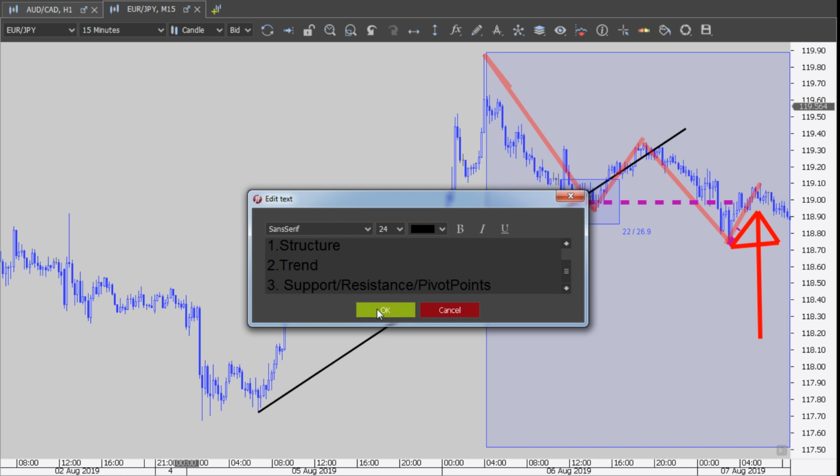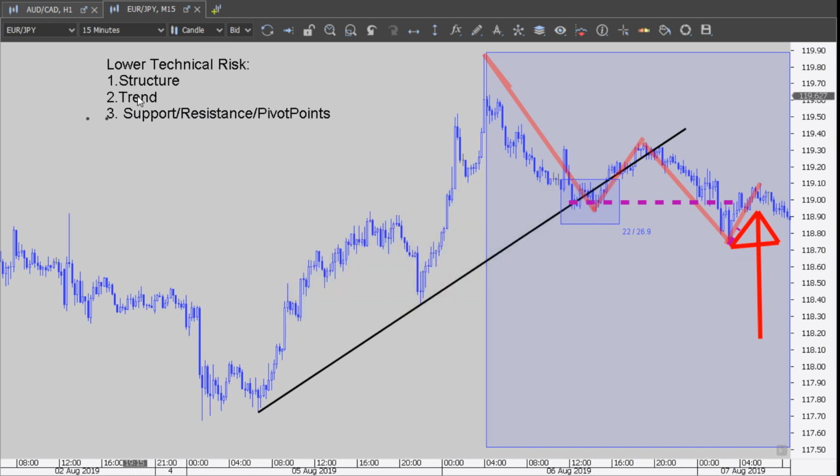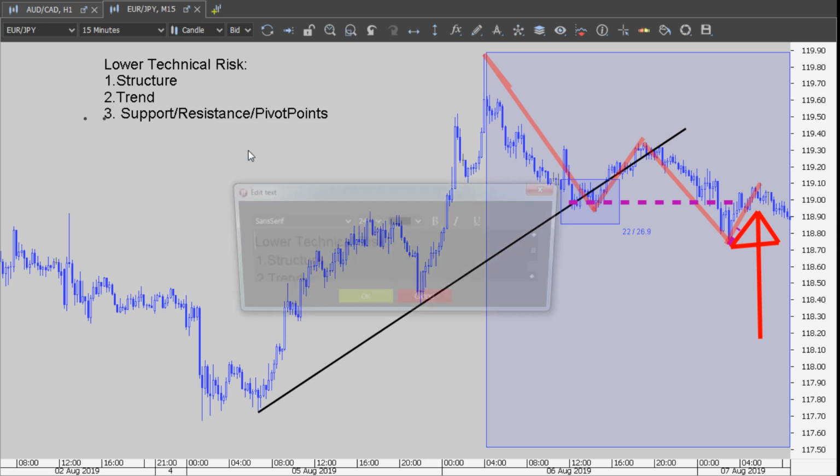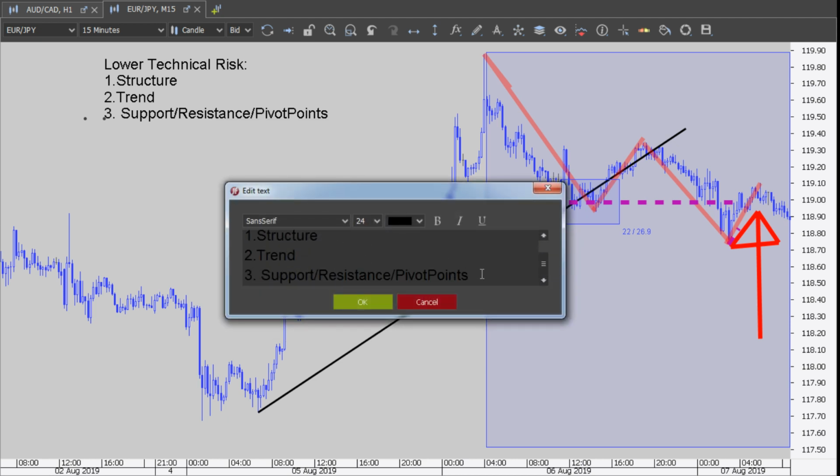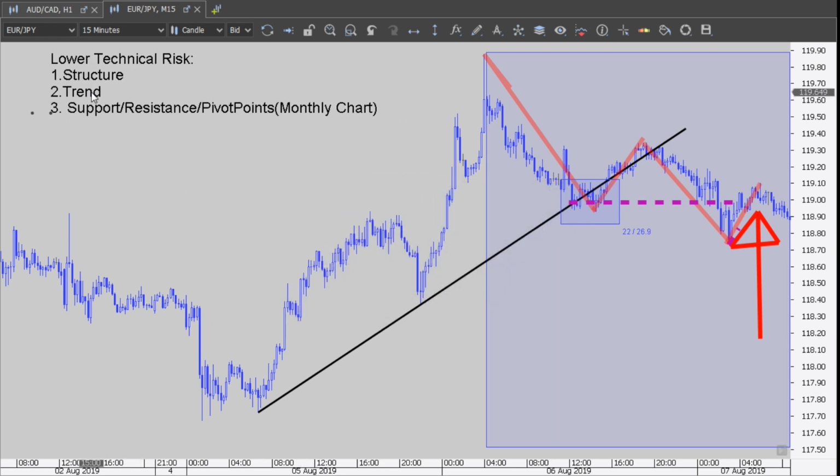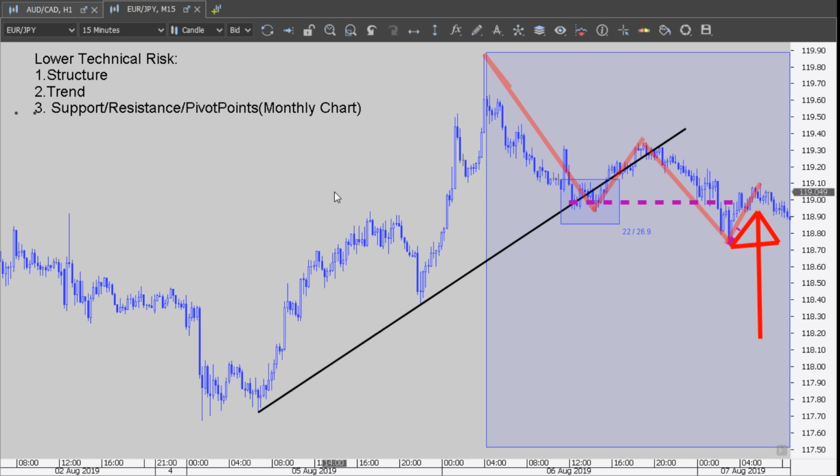I'm not talking about the 15-minute time frame. Pivot points on the monthly chart. This is going to lower or increase your technical risk.